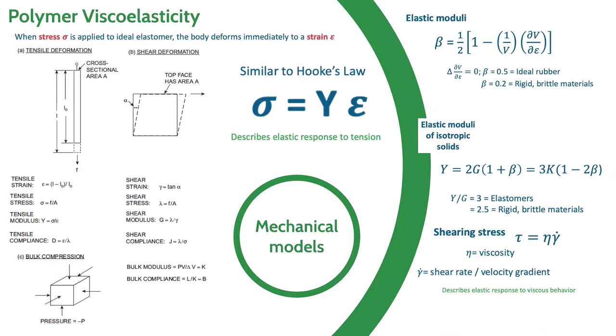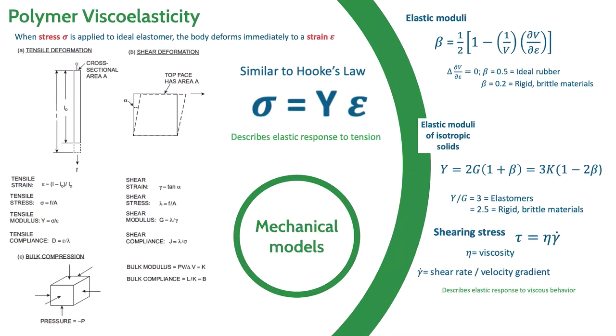The elastic moduli can be expressed using this equation, whereby the Poisson's ratio beta is equivalent to half of the product of 1 minus 1 on V multiplied by changes in V due to a change in the strain.